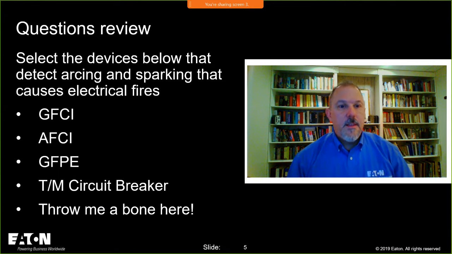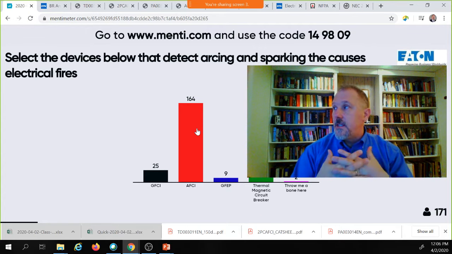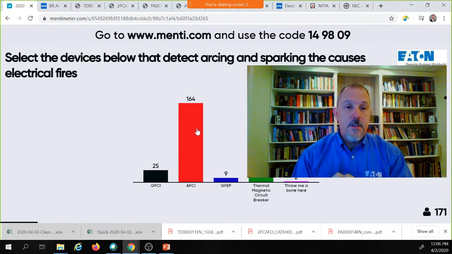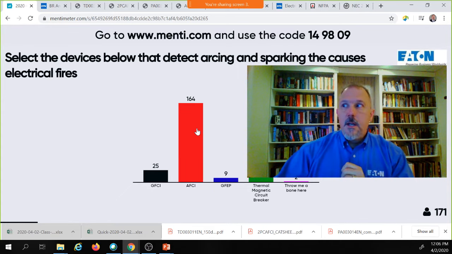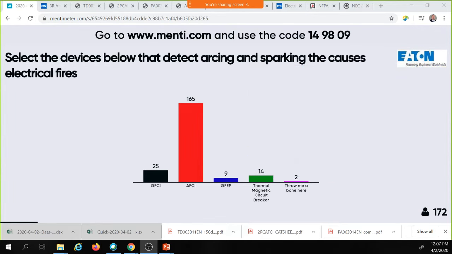That is true. Now, those 25 who said GFCI, I am thinking that part of me is definitely in your ballpark there. I think that GFCI can do some things for electrical arc detection, because you think about an NM wire. NM wire has a ground in the middle. So if I have a fault that goes from inside of that NM wire, then I have a good chance of going to ground fault.